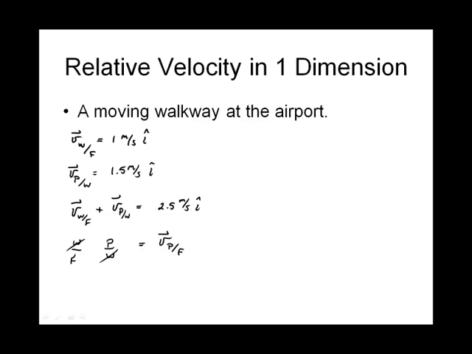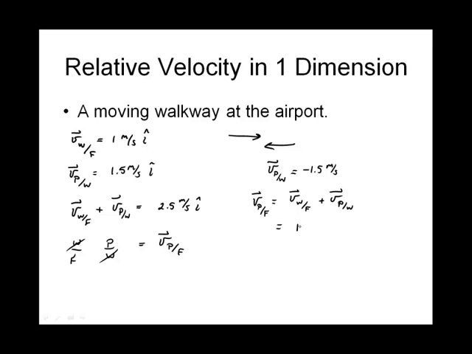Now as a kid, we used to love to go backwards on those walkways. So in that scenario, the velocity of the person with respect to the walkway would equal minus 1.5 meters per second. So the walkway's moving to the right and you're moving to the left trying to fight the traffic. The velocity of the person with respect to the floor would still equal the velocity of the walkway with respect to the floor, plus the velocity of the person with respect to the walkway.